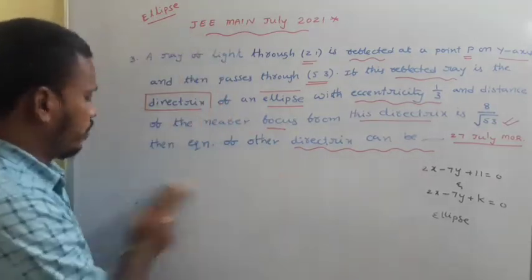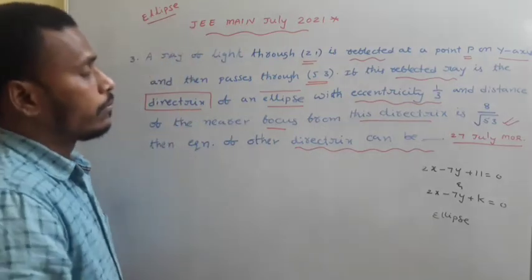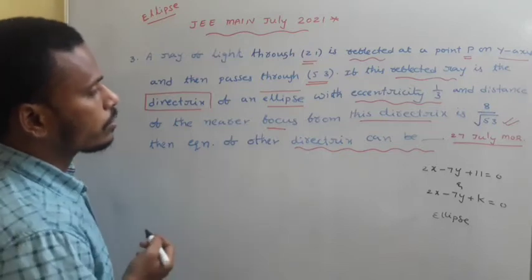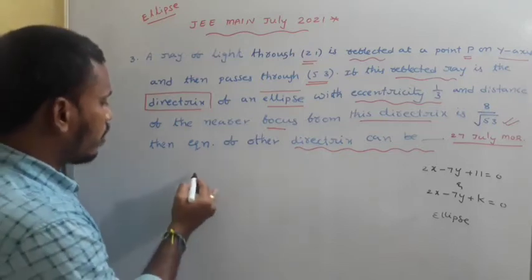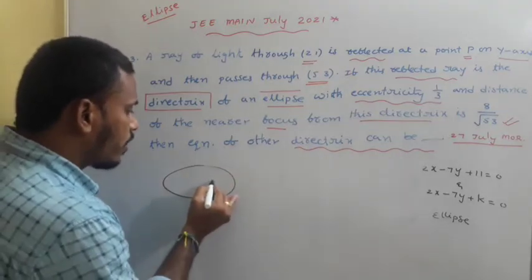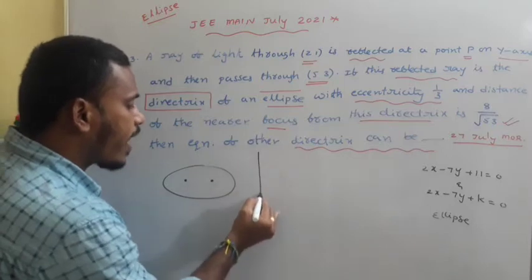Now, just observe now. Okay. Suppose this is the ellipse, and this is one focus, this is the other focus, and we have one directrix here.